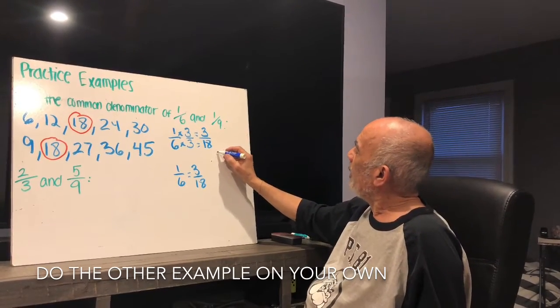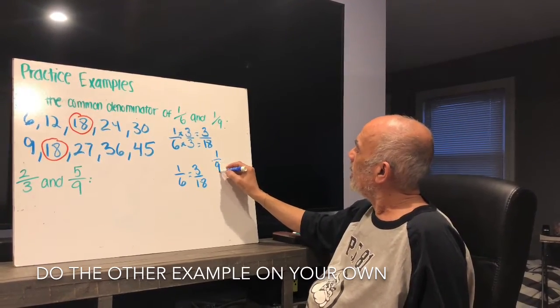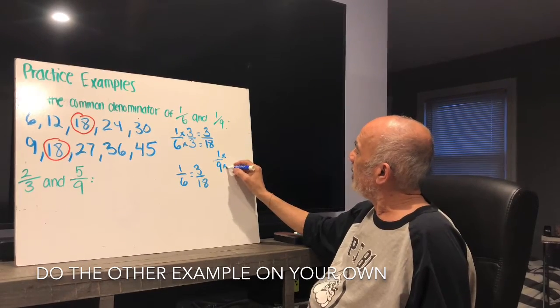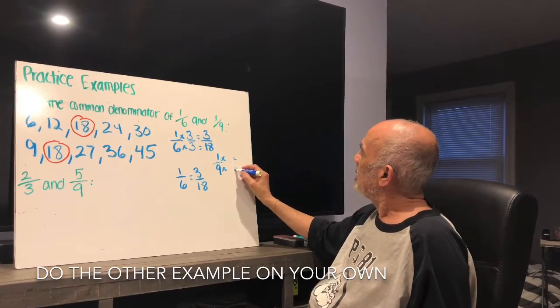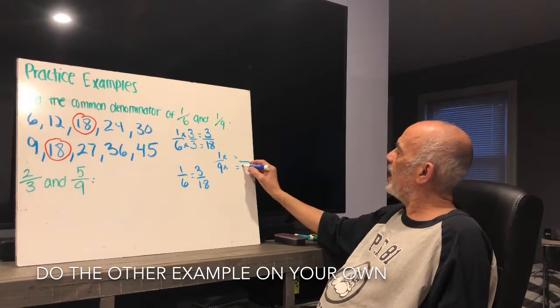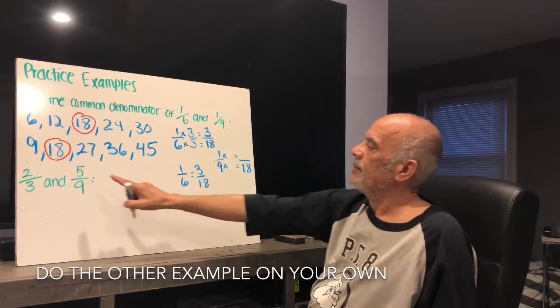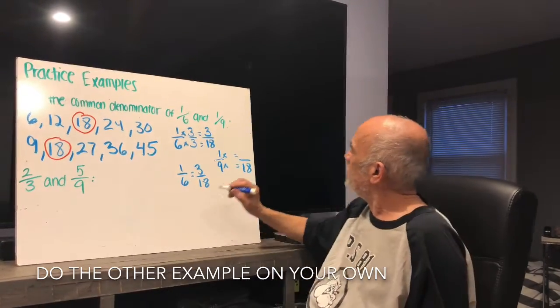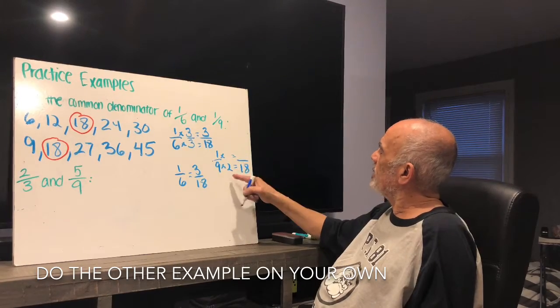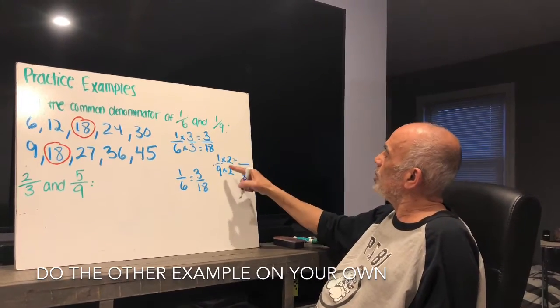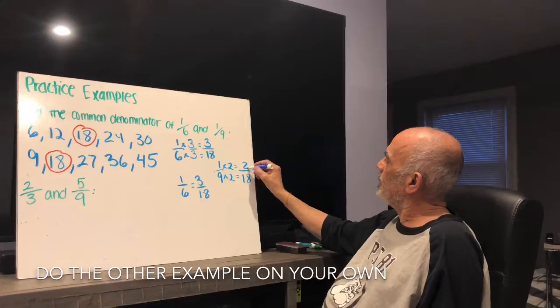Let's look at 1/9. What number do I multiply it by so I get a fraction with a denominator of 18? 1, 2. 2 times 9 is 18. 2 times 1 is 2.